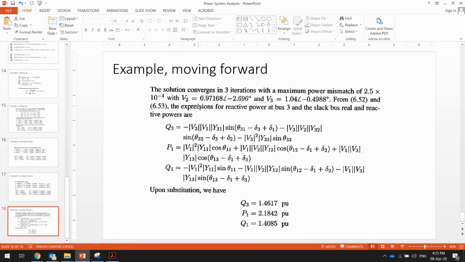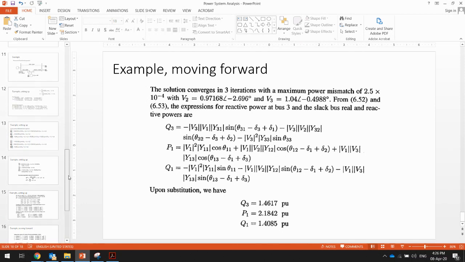And because we have obtained the values of V2 and V3, and we know the value for V1, we can apply them all inside here, and then we will obtain the values for P1, Q1 and Q3, such as this one. So that will be the complete process of the Newton-Raphson method.